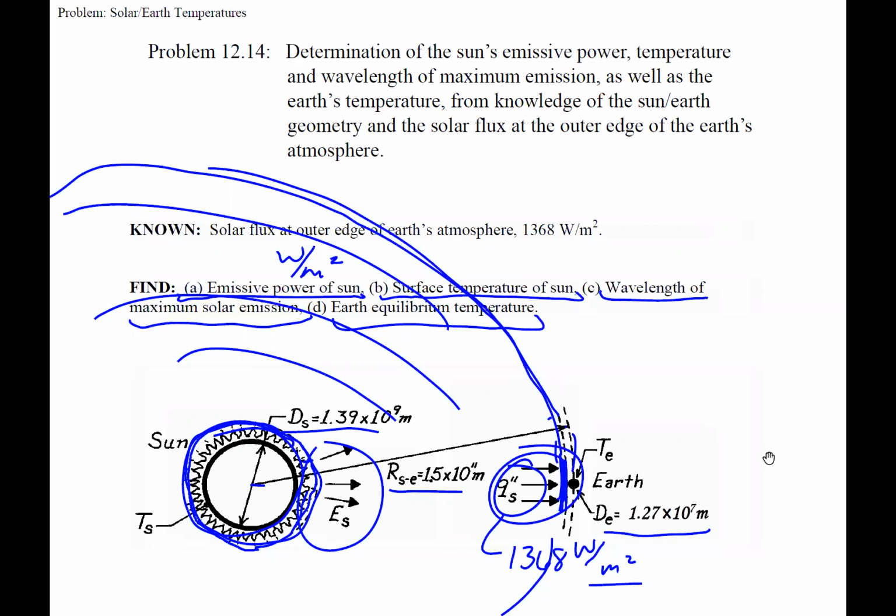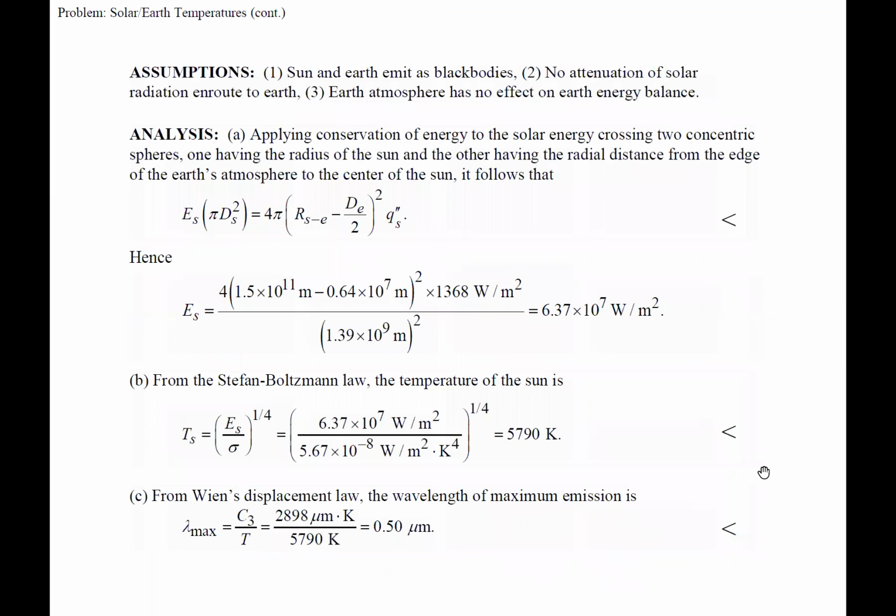So we need then surface areas, and this is where it comes into play. We have the emissive power we want at the Sun's surface, and then we have the surface area of that sphere. This is the sphere surface area, and that's the Sun.